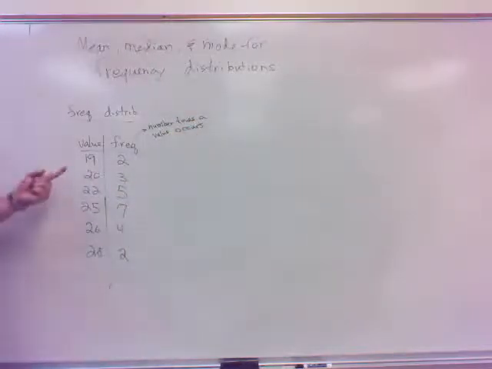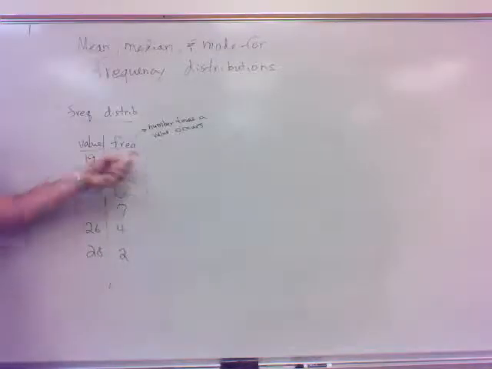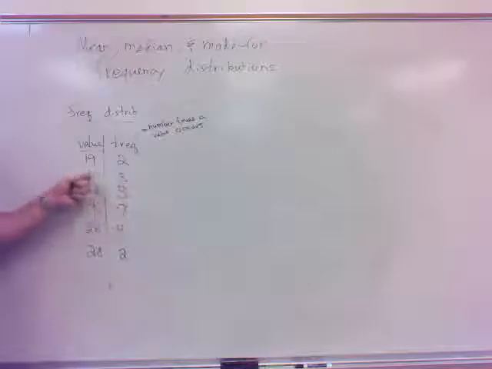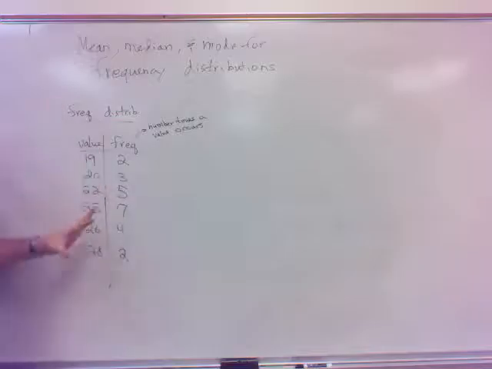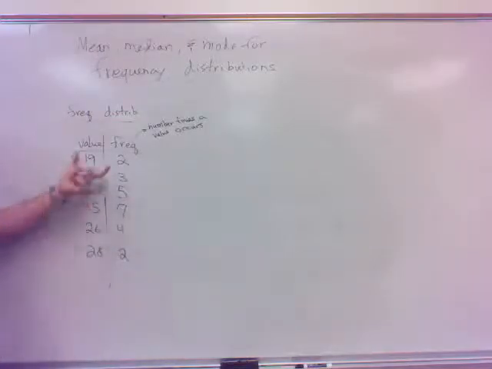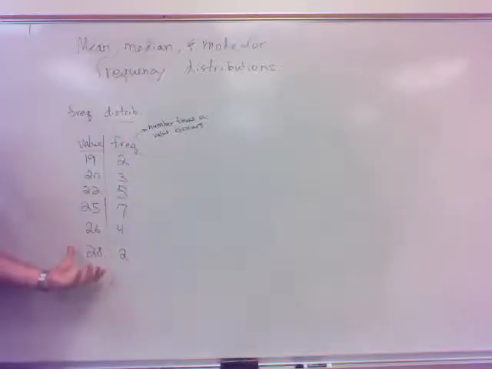If I wrote this out list-wise, this would be two 19s, right? 19 and 19. Then I'd have 20 three times, 20, 20, 20. Then I'd have 22 five times, so 22, 22, 22, 22. Instead of having to write all those out, if we have multiple occurrences of values, this is just a nice way of writing it out in a table.